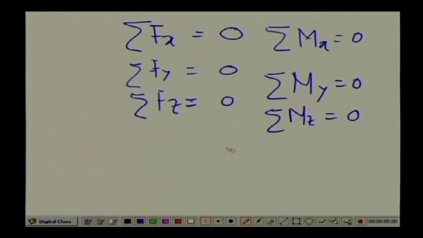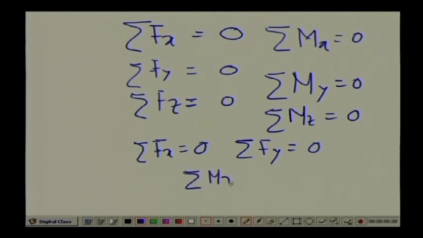These equations must be satisfied for a body in space. In a two-dimensional form, these equilibrium equations reduce to the summation of forces in the x direction equals 0, the summation of forces in the y direction equals 0, and the summation of moment about z equals 0.